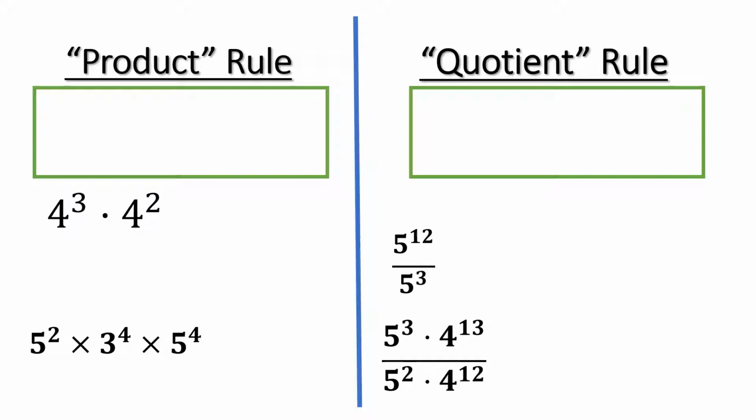The first rule that we want to talk about with exponents is the product rule. What the product rule is telling us is that if we have the same base, and you're multiplying, that's what product means, you add your powers.